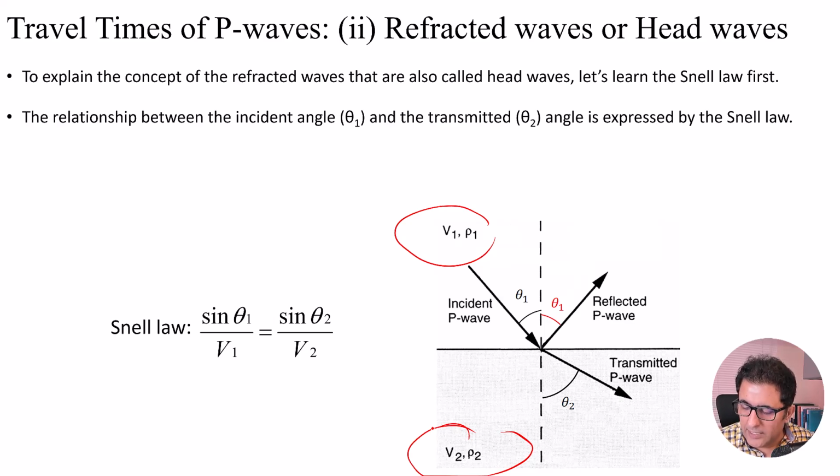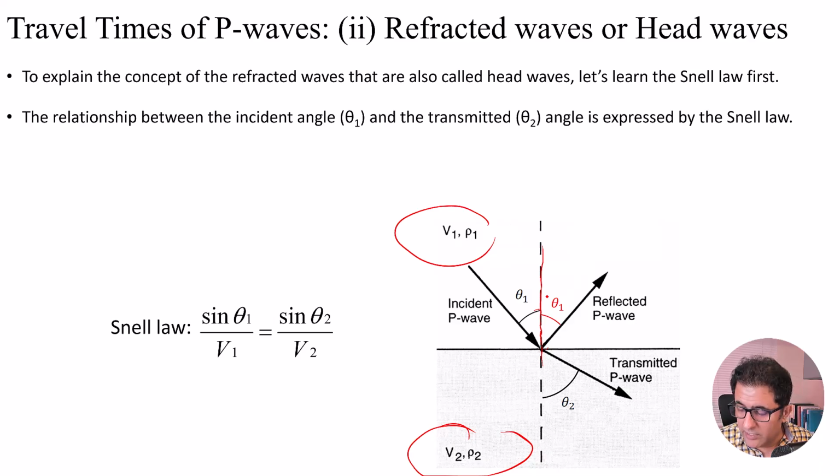And here is the incident angle for the P wave. Once the P wave hits the boundary, a fraction of the energy is reflected back to the surface. If we consider a line that is perpendicular to the surface, the angle between the incident wave and that line is theta 1, so the reflected angle will also be theta 1.